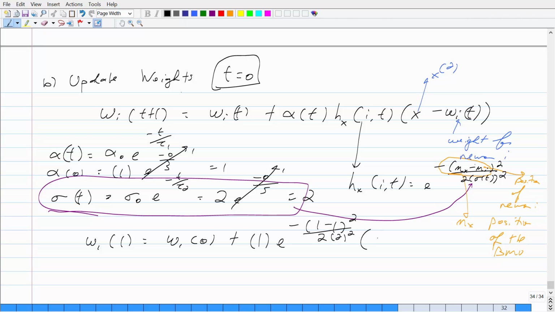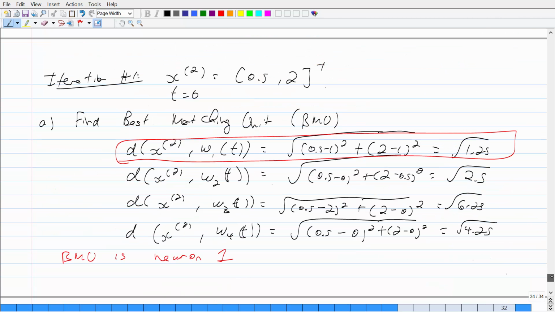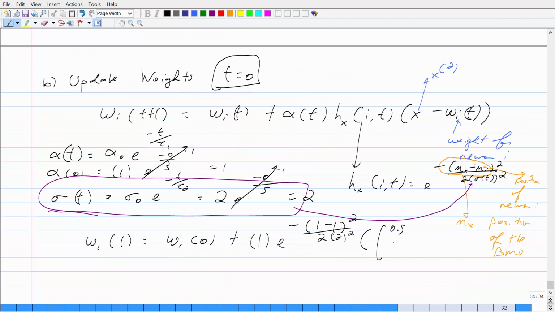And then x, the training example, is equal to, what was it, 0.5 and 2, right? Subtract the current weight. So this is just W10. And I'll substitute everything after. Okay, so this is what I need to compute. So 1 minus 1 is actually 0, so e to the 0 is 1, so we get rid of this.